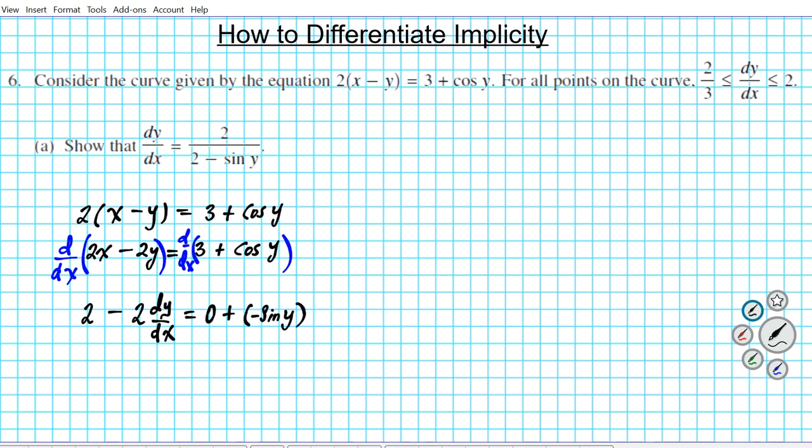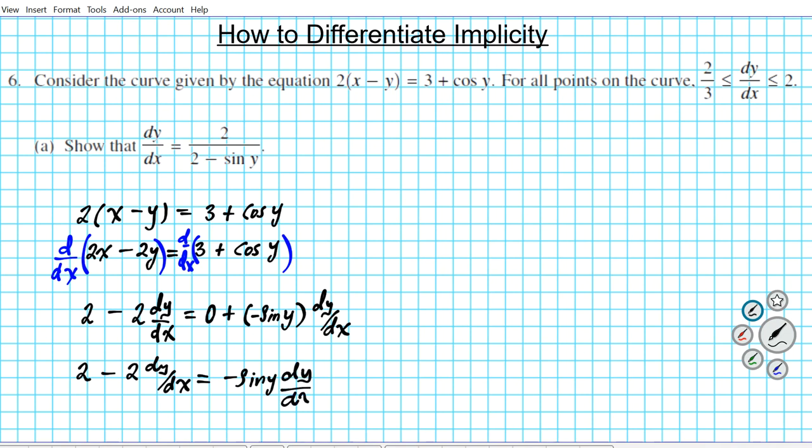Since we have disagreement, we have to differentiate the dependent variable with respect to x, dy/dx. Let's make this look pretty. We have 2 minus 2 dy/dx. I'm going to simplify the right side, equals negative sine y dy/dx.